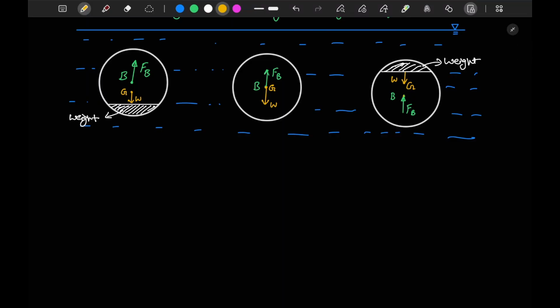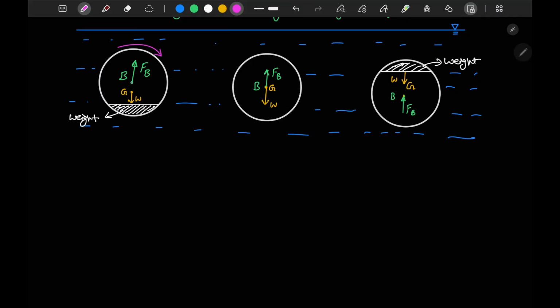Now if we look into each case, let's say we are disturbing all these three bodies. Due to the slightest deformation, let's say we have rotated this. What will happen? Your center of buoyancy will be at the center of this circle only, because this represents the center of the water displaced.